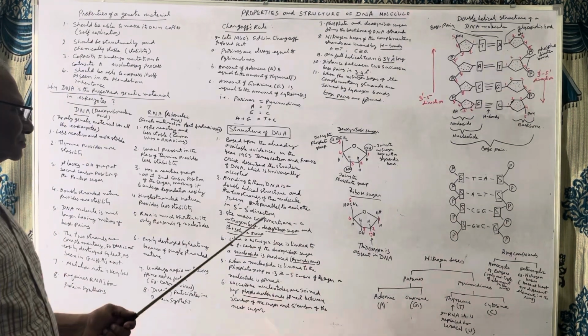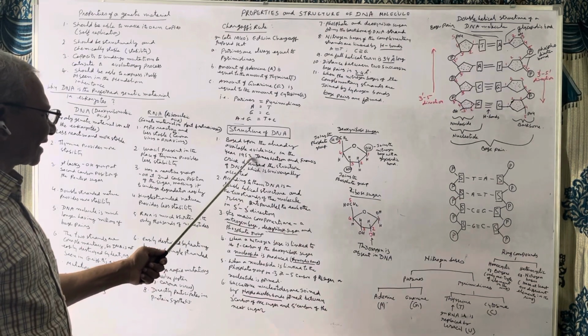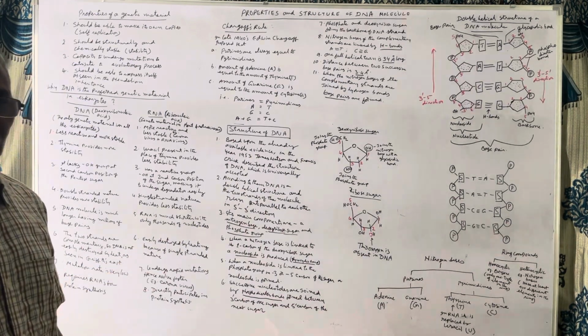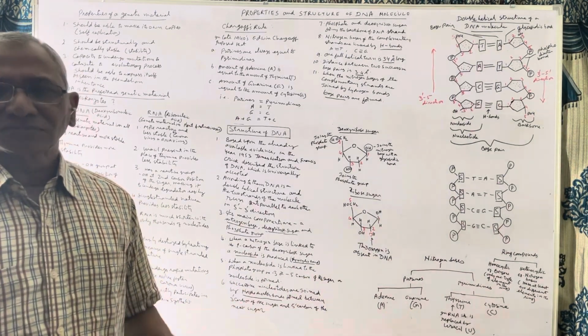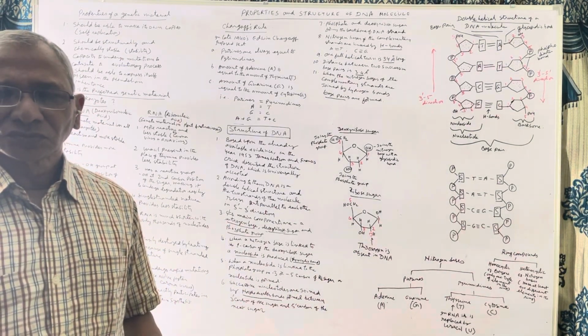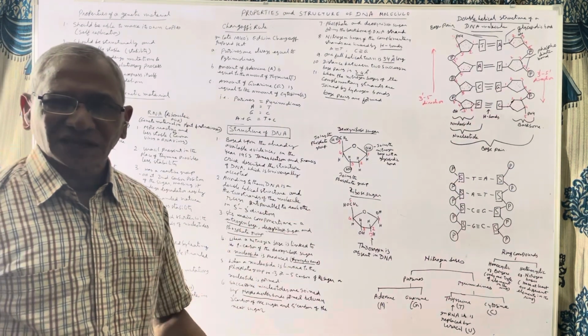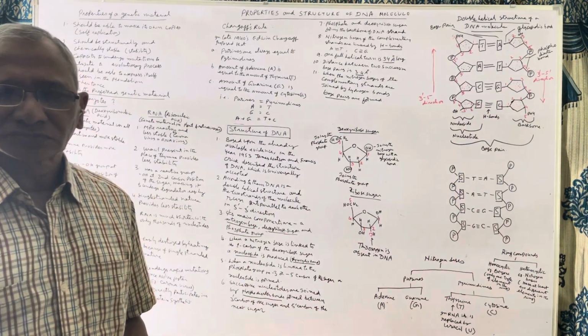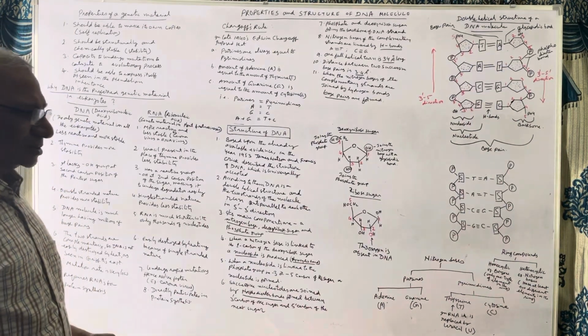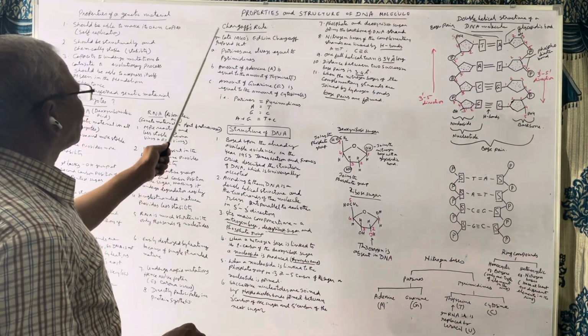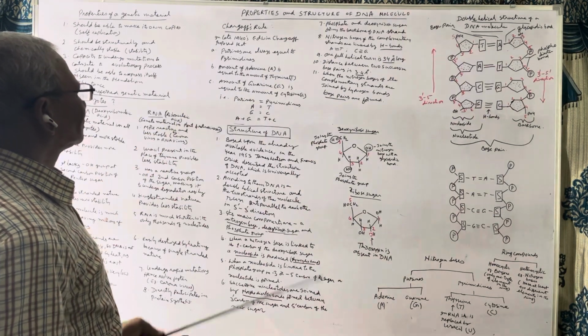By the year 1953, all the evidence was available to draw a structure of DNA molecule. Among these proofs and evidences, there is one important rule known as the Chargaff's rule.